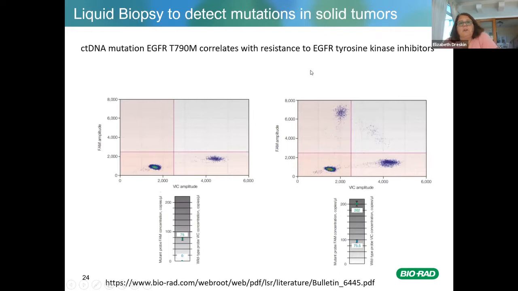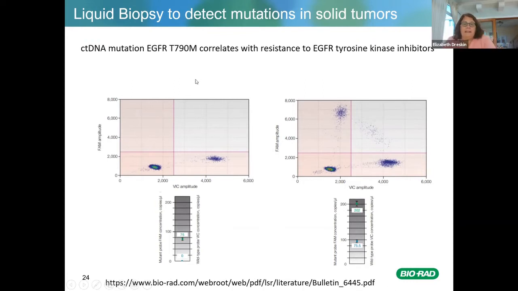This is an example of a liquid biopsy that's been used to detect mutations in solid tumors. It was determined that a mutation in EGFR correlates with resistance to EGFR tyrosine kinase inhibitor treatment. So the need was to develop a 2-color assay looking in 2 channels, one for wild type DNA and another channel to look at the mutation.